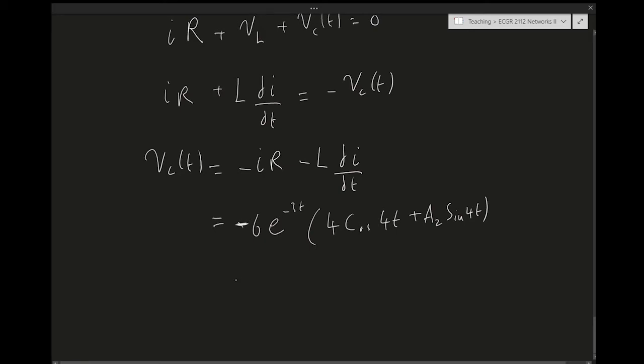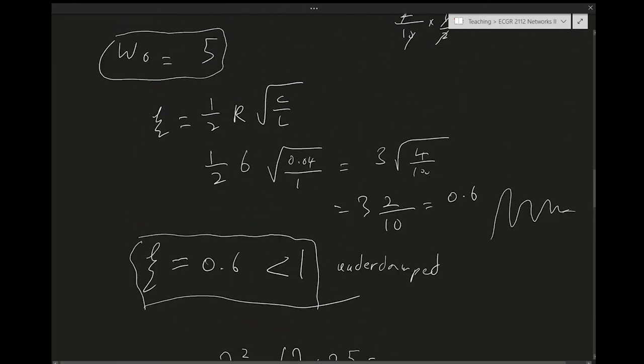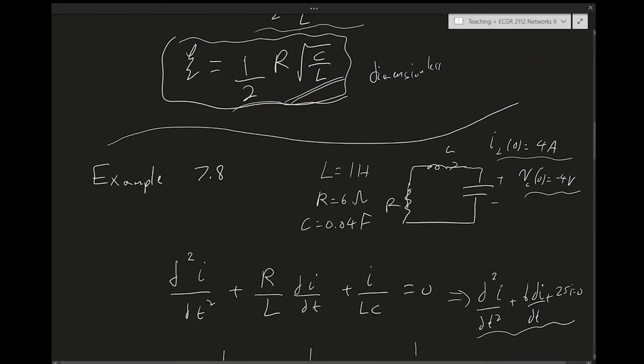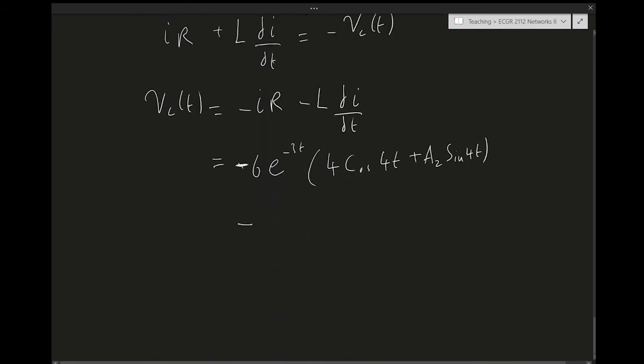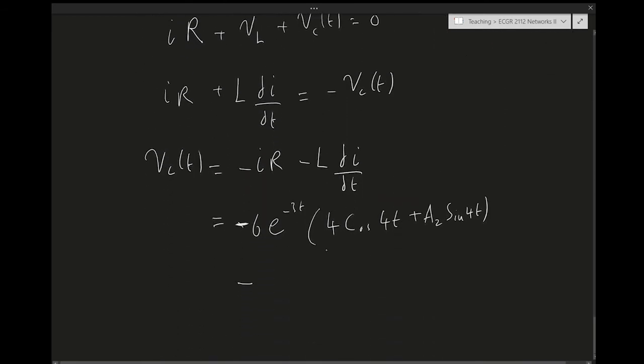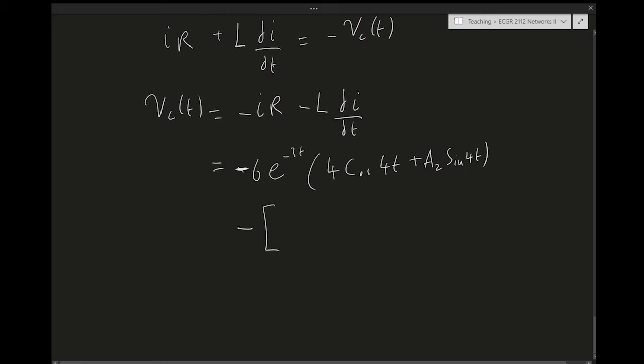And then the second term is minus L. What is L? I forgot what L is. L is 1 Henry. So that's simple enough. It's just 1. And then di by dt. I want to take this I and now differentiate it. This is kind of like we have to do this differentiation. It's a product, right?